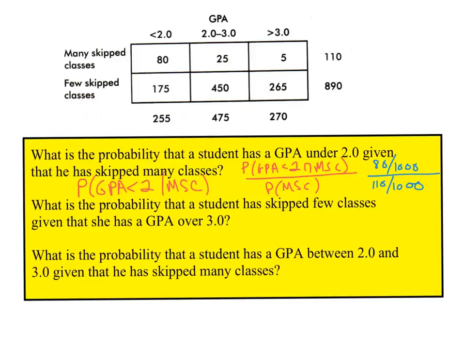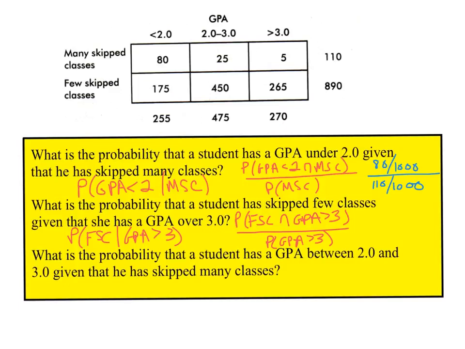Okay? All right. What is the probability a student has skipped few classes given they have a GPA over 3? So few skipped classes given GPA greater than 3. So by formula, we've got probability of few skipped classes and GPA greater than 3 over probability of GPA greater than 3.